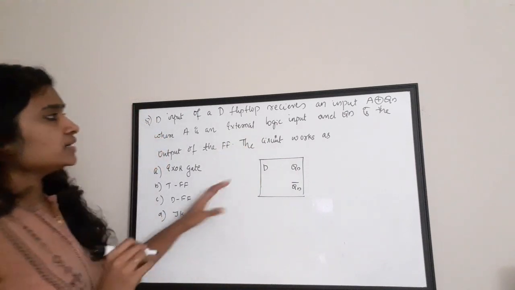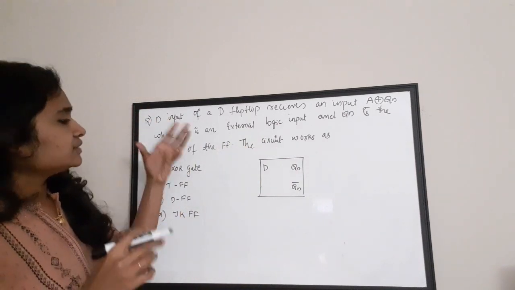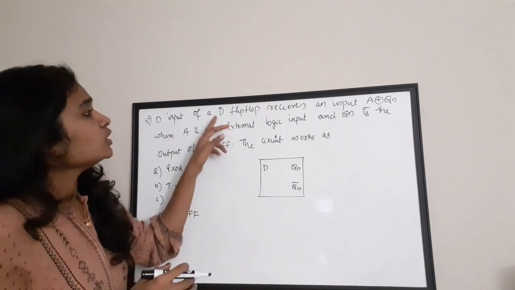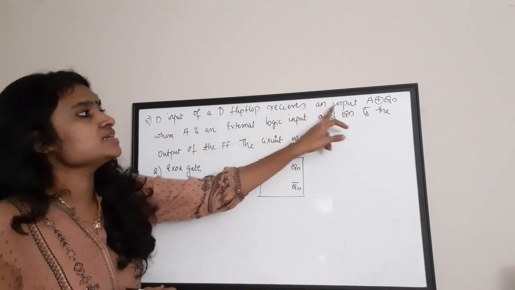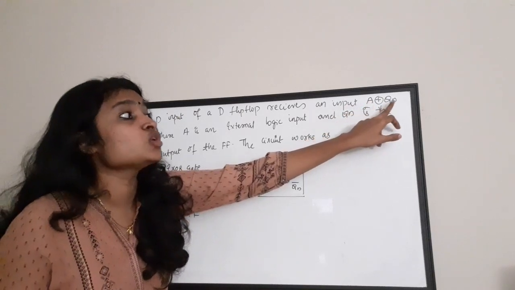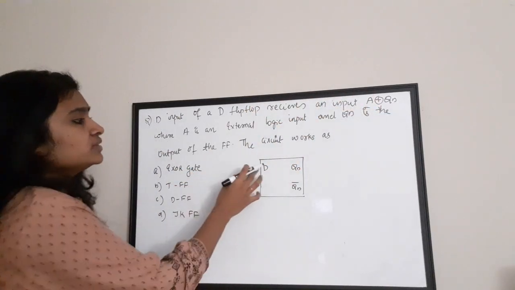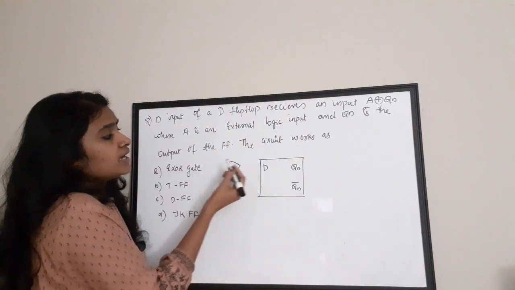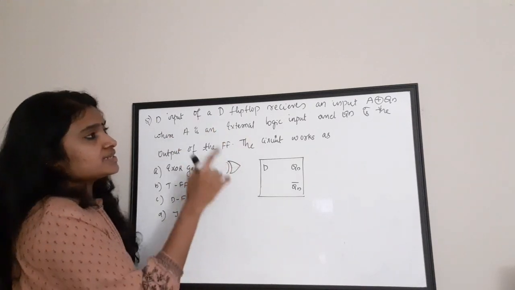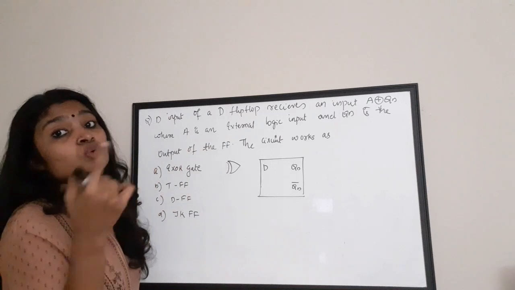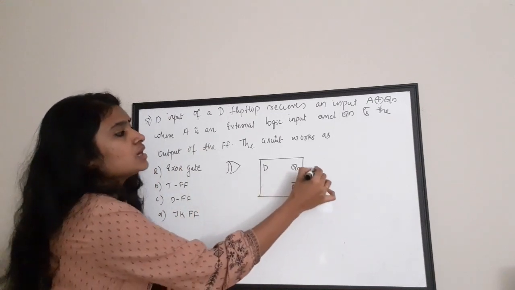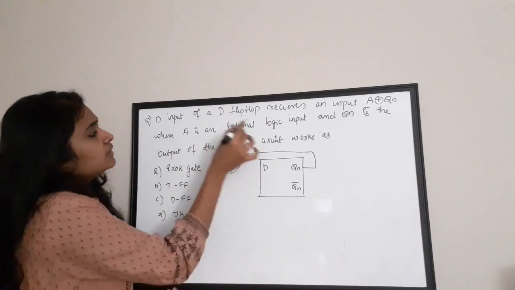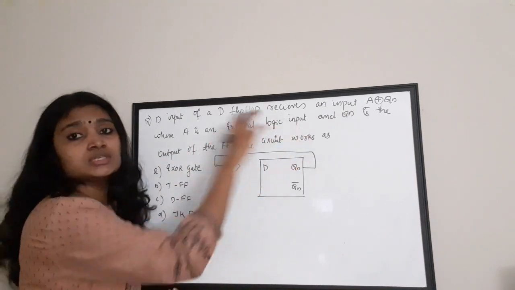Okay, so here the question is saying that the D input, which is this, of a D flip-flop receives an input A XOR Qn. So there is a XOR gate used here, and the XOR gate is actually A XOR Qn, where Qn is the output of the flip-flop and A is an external logic input.